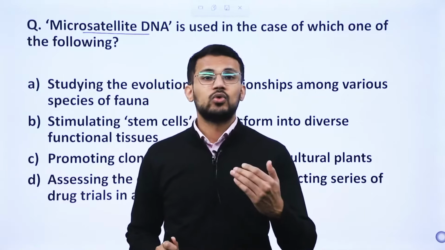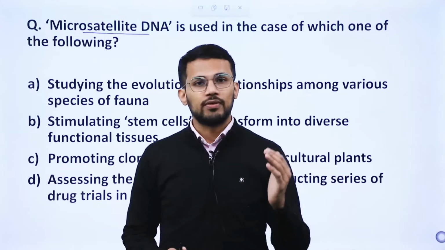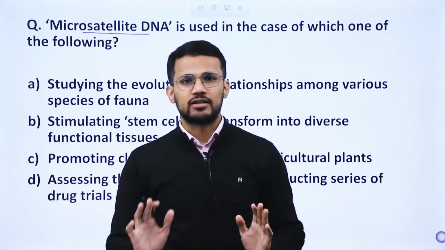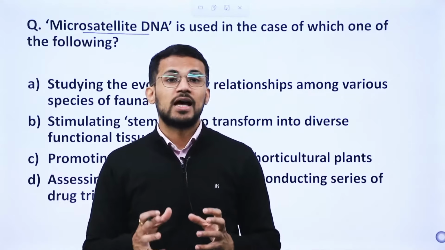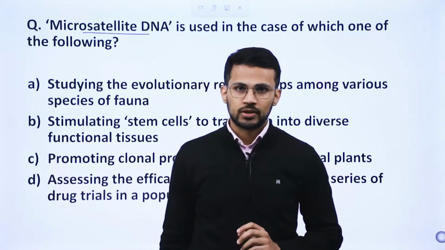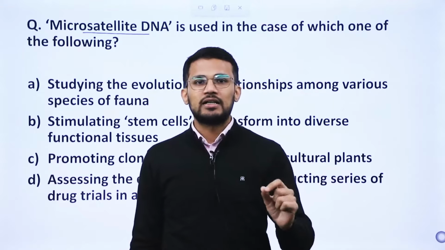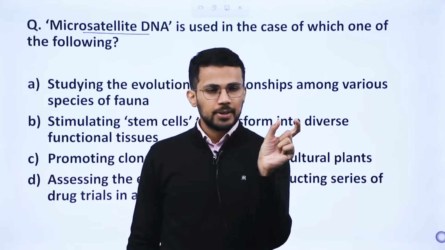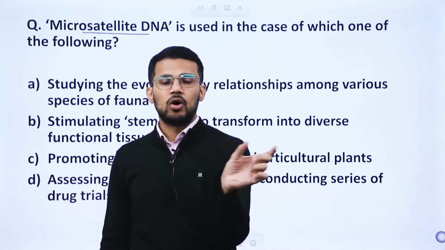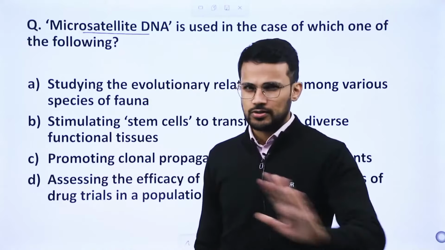Generally, they do not lead to exhibition of any characteristics, right? They do not lead to any characteristic. That means you can consider them as blank genes, right? So these microsatellite DNA are the base pairs that repeat after every certain time on the DNA, right. So this is pure concept.